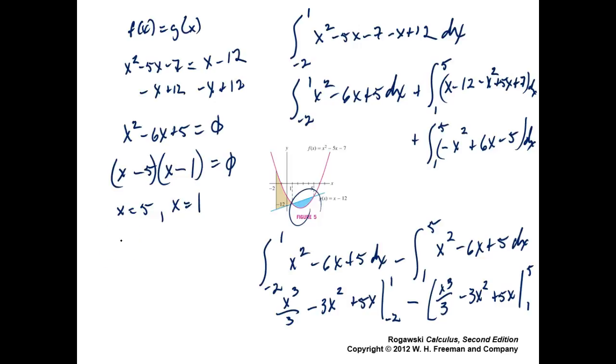Okay. Come out again here. Plug in the 1 here. You go there. Then you go plug in the 1 here. You get that same number.